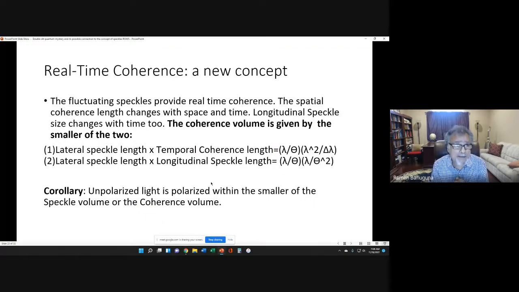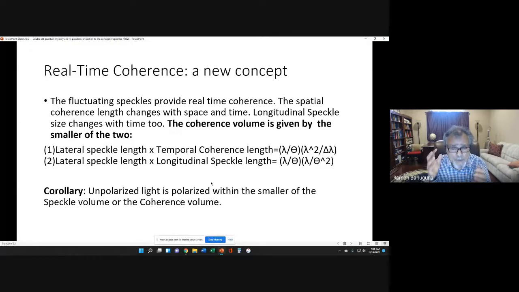Now, I'm introducing to you a new concept, which is real-time coherence. Okay, if you read Born and Wolf's book, Principles of Optics, there is a time average that is done, and the average spatial coherence length is given by lambda over theta. Okay, but the speckles are fluctuating, actually.